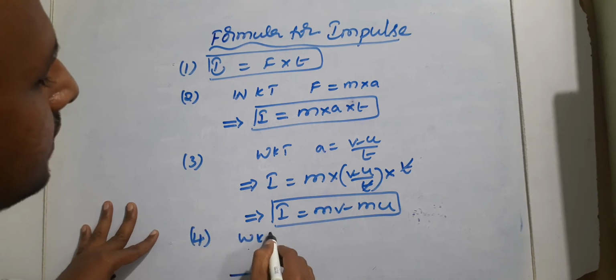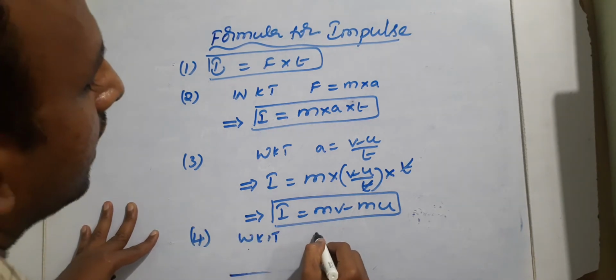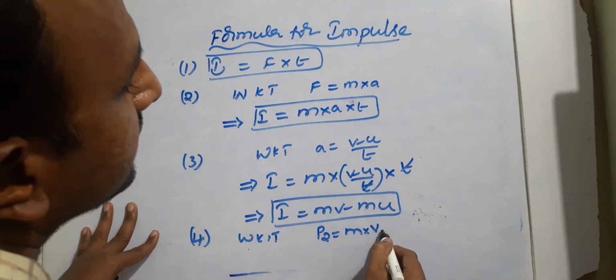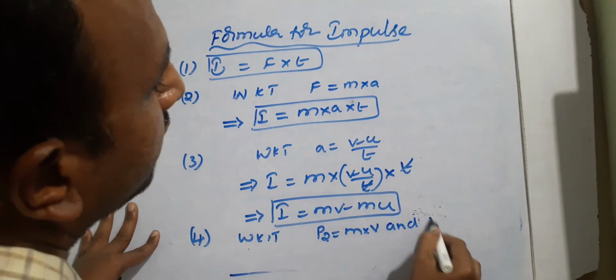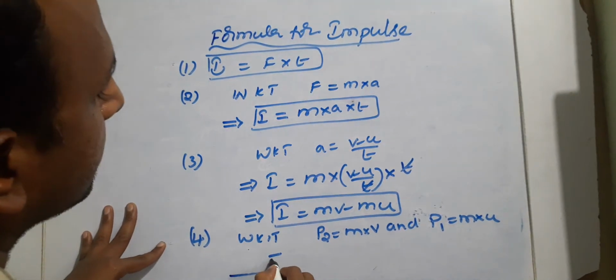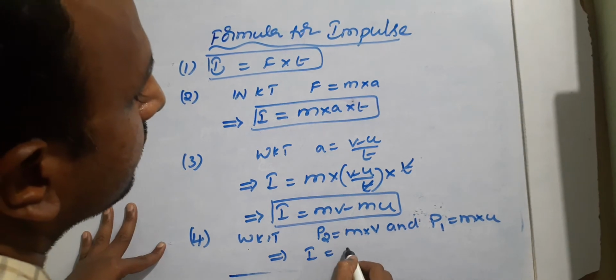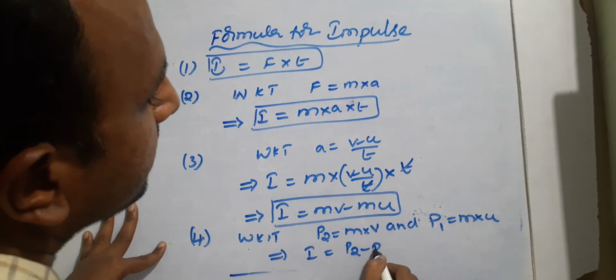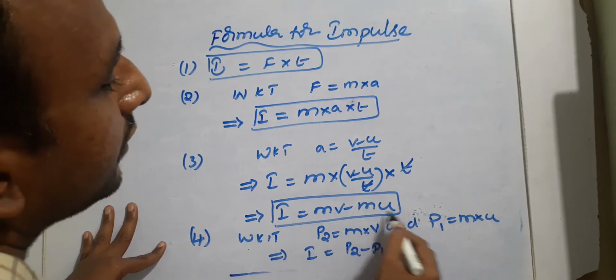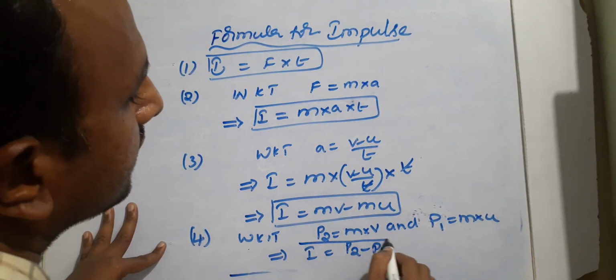We know that the final momentum of a body P2 is equal to mass into final velocity, and the initial momentum of a body P1 is equal to mass into initial velocity. This implies we can write I is equal to P2 minus P1. MV means P2, MU means P1.